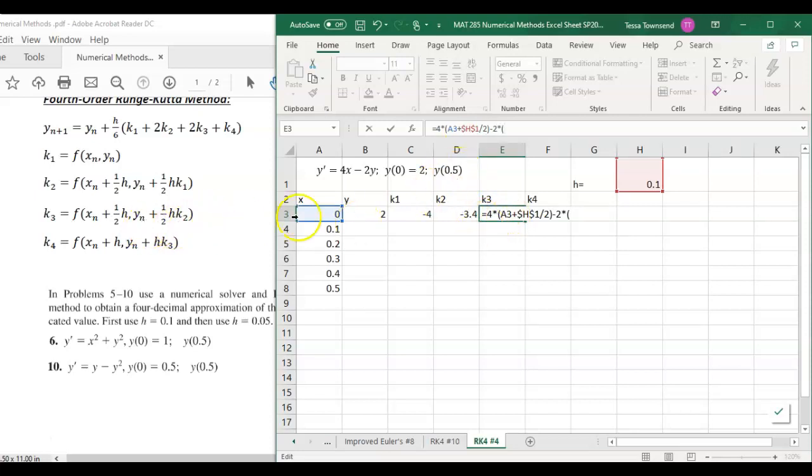So our y value is right now 2 plus half of the step size times K2. So this says 4 times x minus 2 times y.